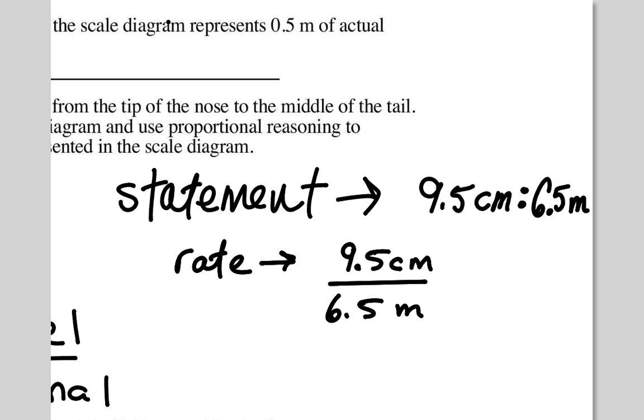Take out your calculator, perform the division with the calculator, and I highly recommend you use these ones. So 9.5 divided by 6.5.